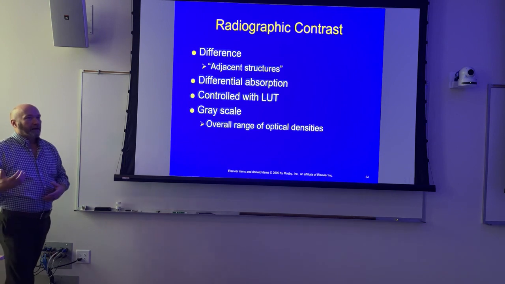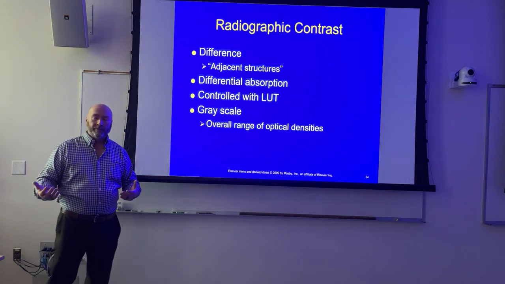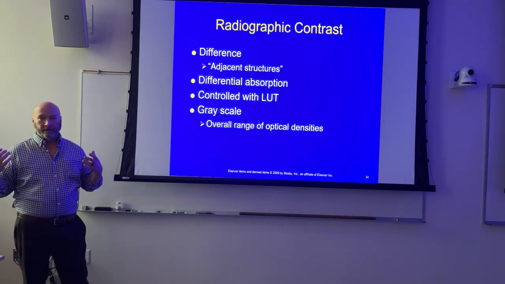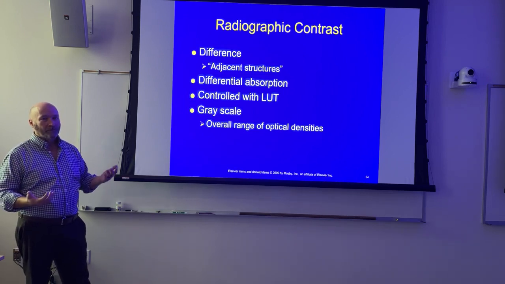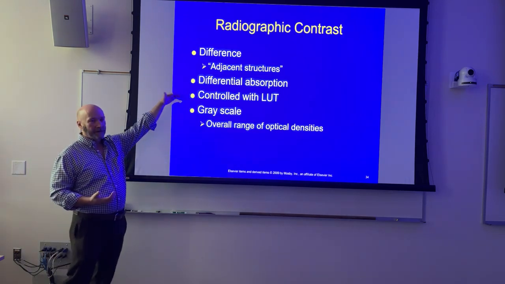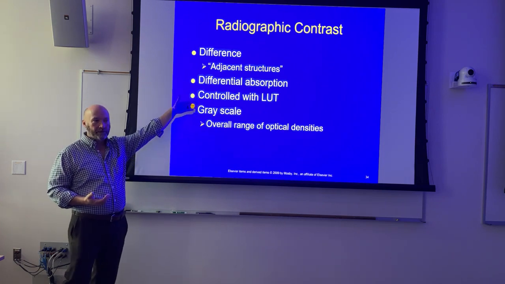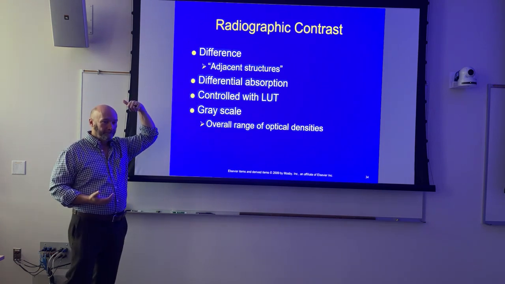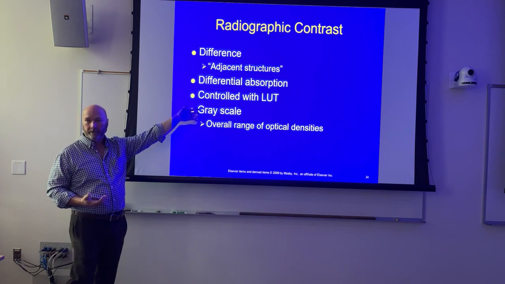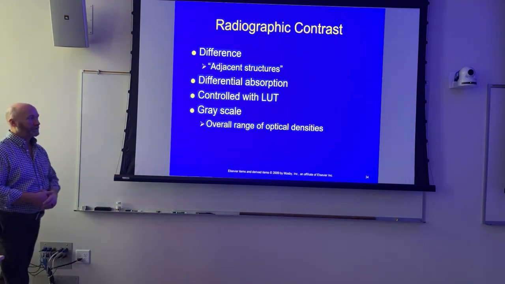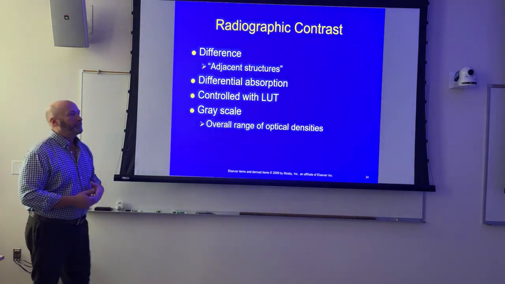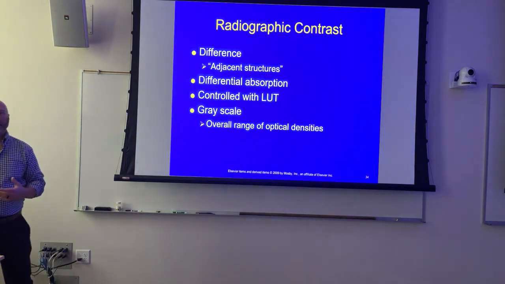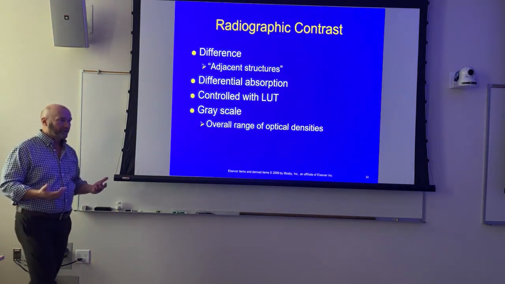So as long as you use a kVp remotely in the right range for that tissue type, you're not going to see really any fundamental difference in contrast, because what controls your contrast is your lookup table, computer algorithm, right? So computer control with a lookup table. But the contrast things are going to come at you from a lot of different directions.